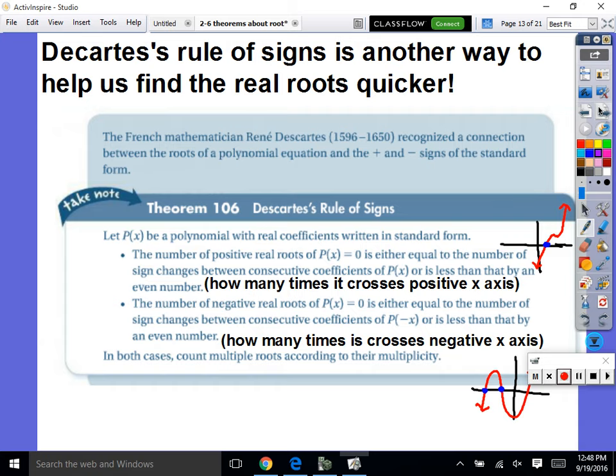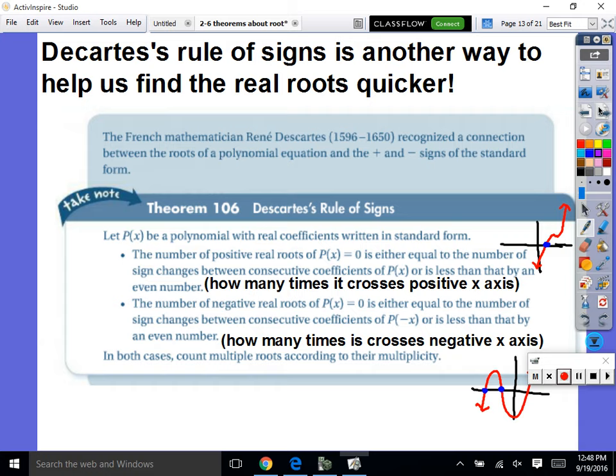So let's say we're looking at a polynomial, and between this integer and this integer, it goes positive to negative. That's considered a sign change. And then the sign changed again. Then let's say the sign changed twice. There were 2 sign changes in consecutive integers. Then that means there were 2 positive real roots or 0 real roots. It goes down in 2s. Does that make sense? 2 positive, I meant to say.